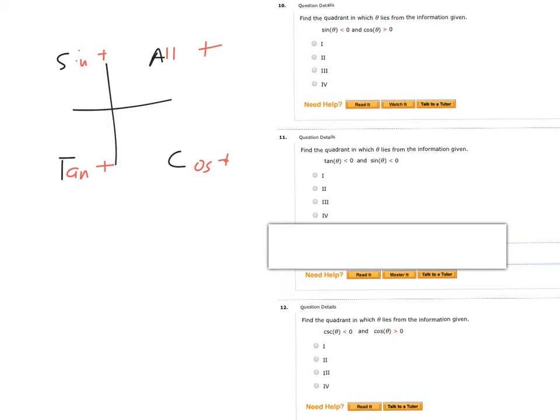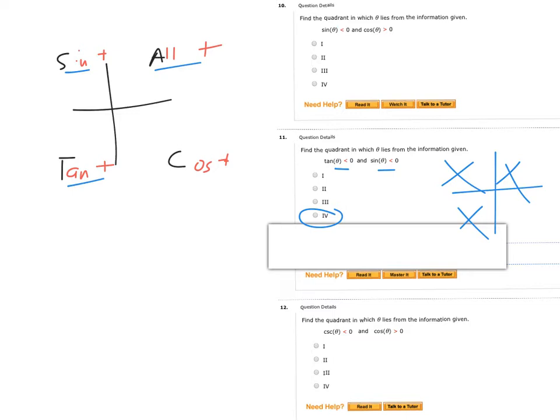So for a question like number 11, when it says tan is, and I'm going to interpret this as being negative, and sine is also negative, I would build the 4 quadrants, and then if tan is negative, I'm going to cross off these 2 because tan is positive in the tan quadrant, of course, and then also in the all quadrant. And then if sine is negative, it can't be the sine quadrant because sine is positive there, and so this has got to be quadrant 4.